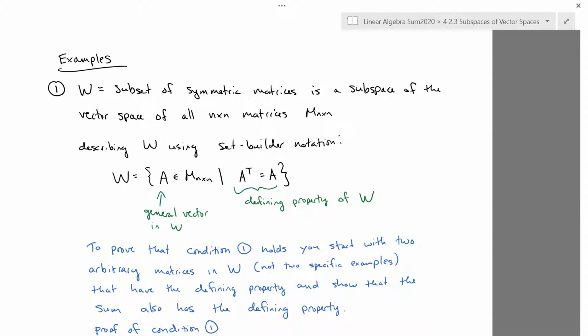As we said before, to prove that some subset is a subspace, we have to verify both conditions 1 and 2 for all matrices and not any specific example. We do that by starting with two arbitrary matrices in W and showing that the sum of those two matrices also has the defining property.